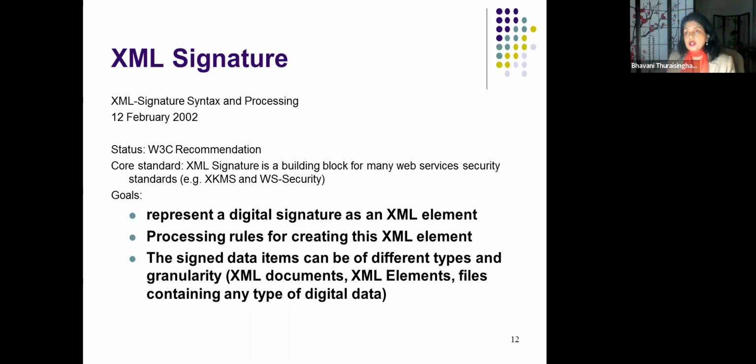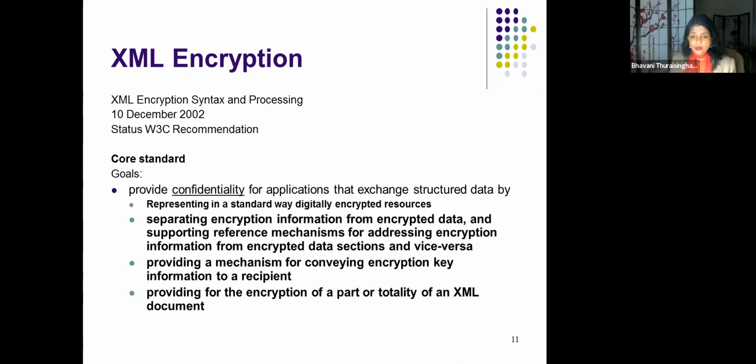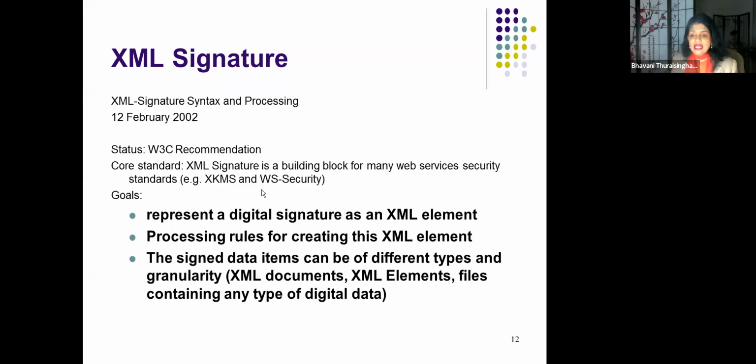The XML document is encrypted with the sender's private key. And so the receiver will decrypt it with the sender's public key. And if he or she can decrypt it, then the message has not been altered. And one other thing I wanted to mention, it's the building block, and it's going to be integrated with key management systems for managing these keys, as well as WS-Security.